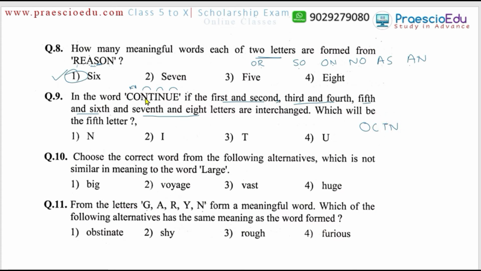Then fifth and sixth, fifth means this one and N, so here IN, so in our new word NI will come, then EU. Now the fifth letter, from here in regular direction we check 1 2 3 4 and 5. So here will be the letter N. Okay, fifth. So option number 1 is the correct one.